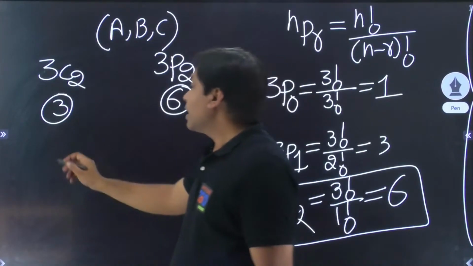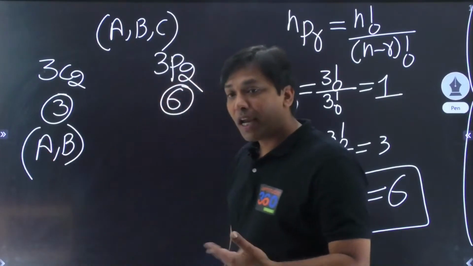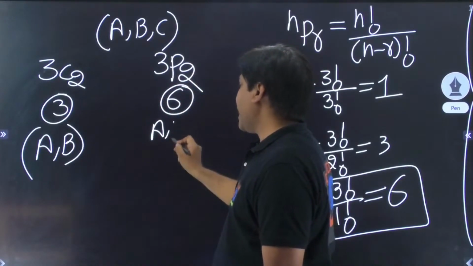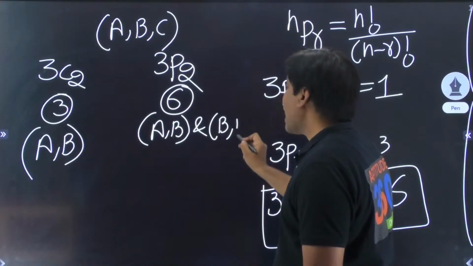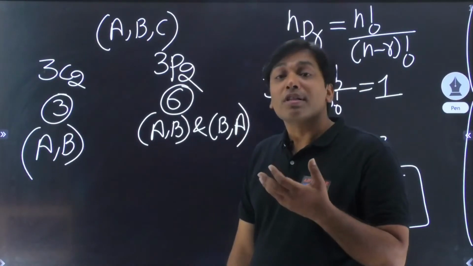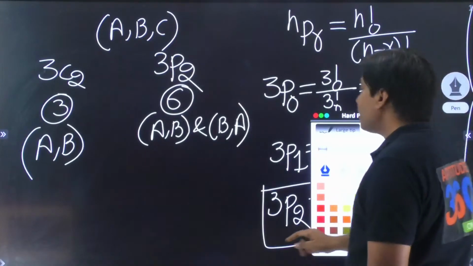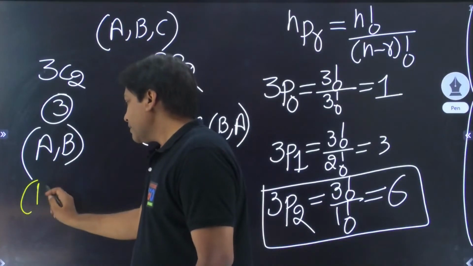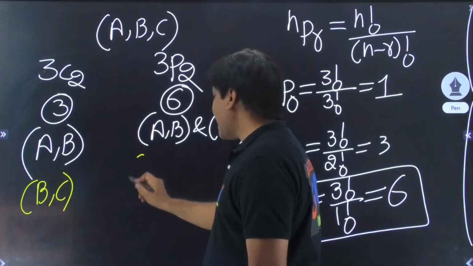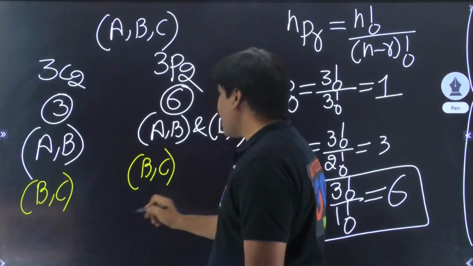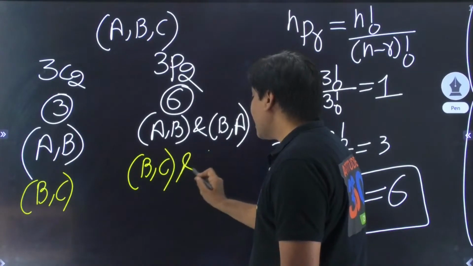And how? I can take A and B. But for A and B over here, there are 2 cases, AB and BA, because arrangement is also concerned out here. If I select B and C, for the case of permutation, this can become BC and CB.